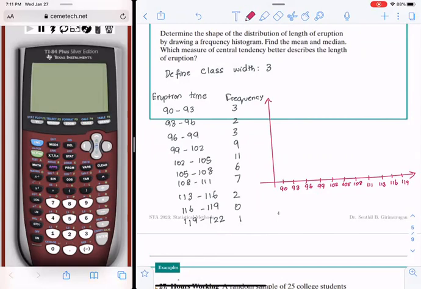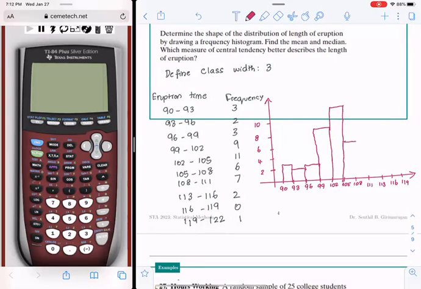So between 90 and 93, I have 3 observations. So I'll call it 2, 4, 6, 8, 10. So 3 here, 2 there, 3 again. And we have 9 between 99 and 102. 11 between 102 and 105.